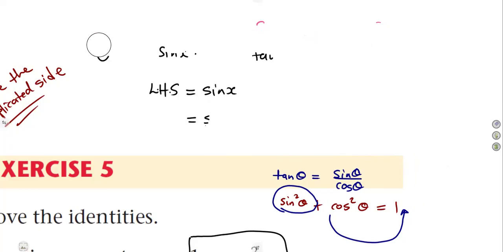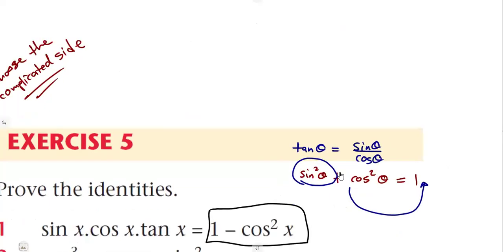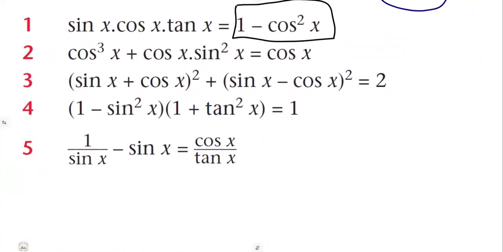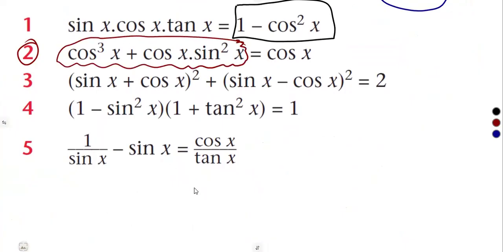Let us see another part. So guys, we just need to work as many questions as we can. Like I always say, guys, do as many questions as you can. Then if you're to consider question number 2, we are given the cos cubed, this and that. So guys, let us just choose to work with what? The left-hand side.